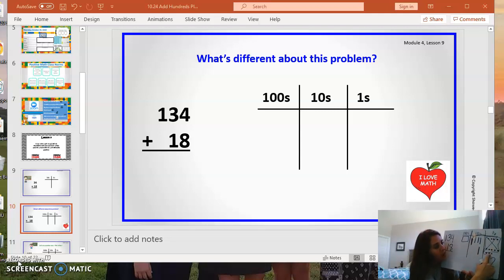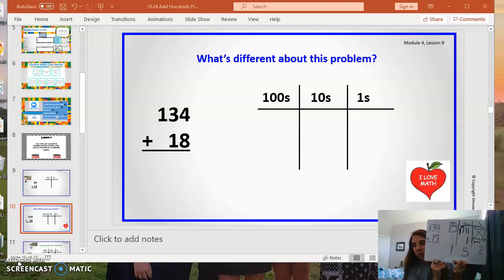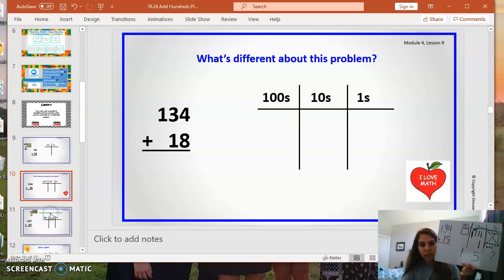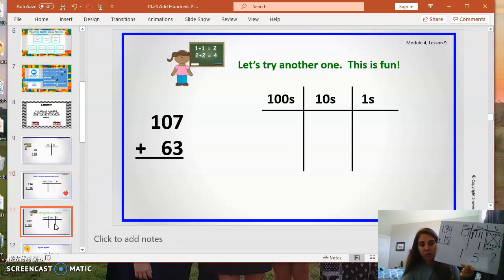And I don't have that in my ones place anymore. I just have these ones left. Now I can count, and I have those 2 ones left. Now I count my tens. 1, 2, 3, 4, 5 tens. And I just have 100. So my answer this time is 152. Great job, friends.